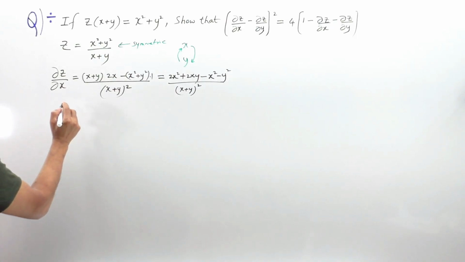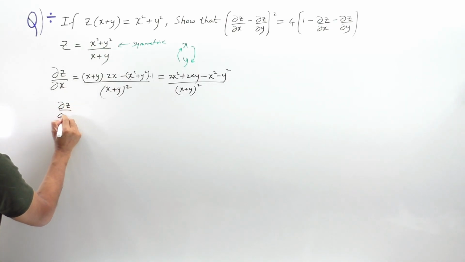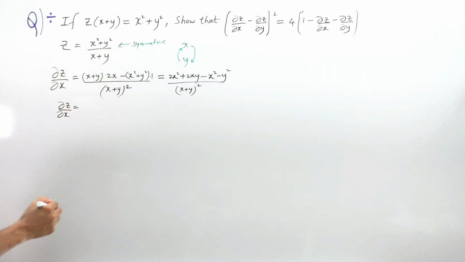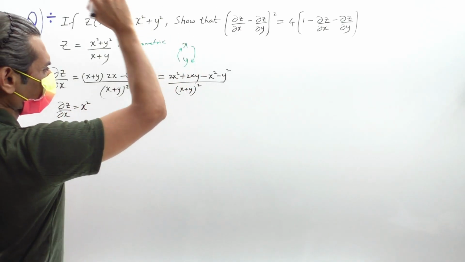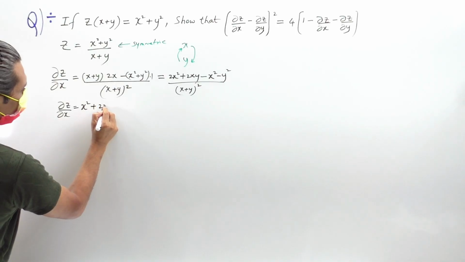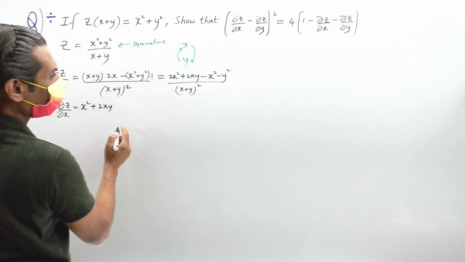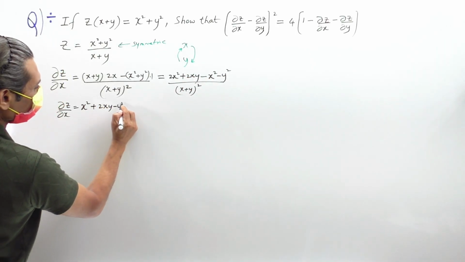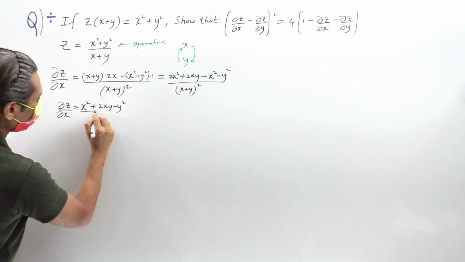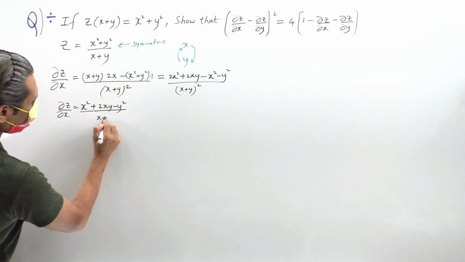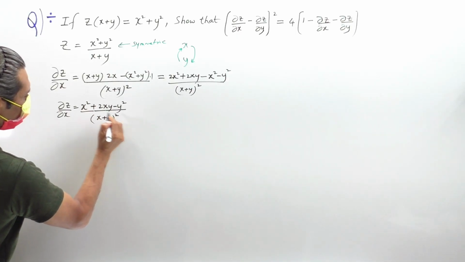So that implies dou z by dou x equals 2x square minus x square plus 2xy minus y square, whole divided by x plus y the whole square.